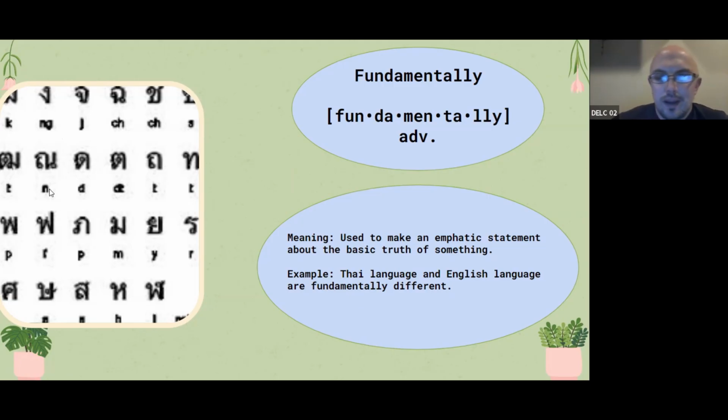At the basic level, we have to understand what these letters mean. If we say they are fundamentally different, it means at the very basic level, they are very, very different. So fundamentally can mean the core or the base of something.